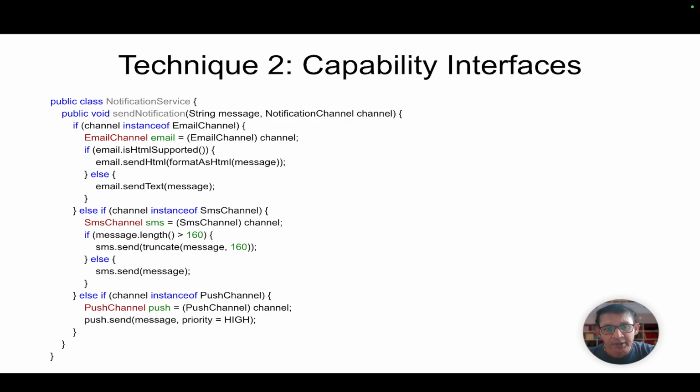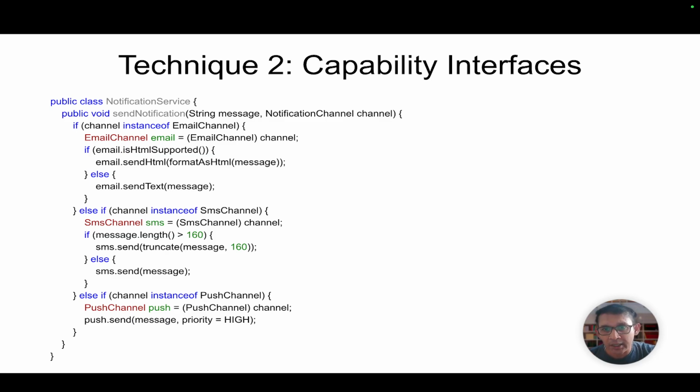Another powerful technique for dependency induced splits is capability interfaces. The problem with many APIs is that they force you to check what kind of implementation you're working with and then branch accordingly. Here's a common example with a notification system. You have a send notification method that takes a message and a notification channel.